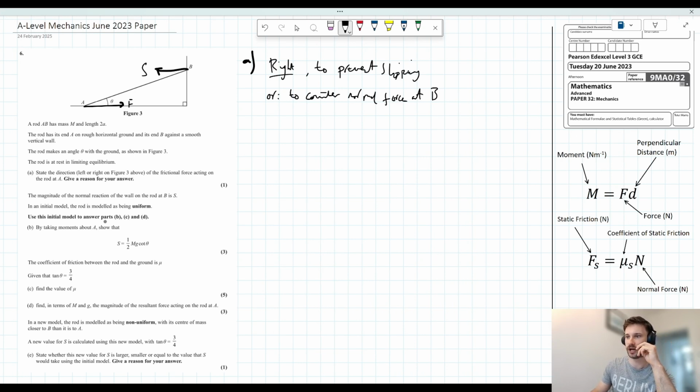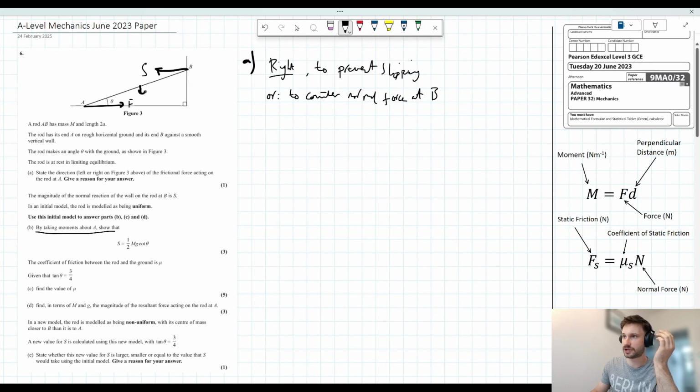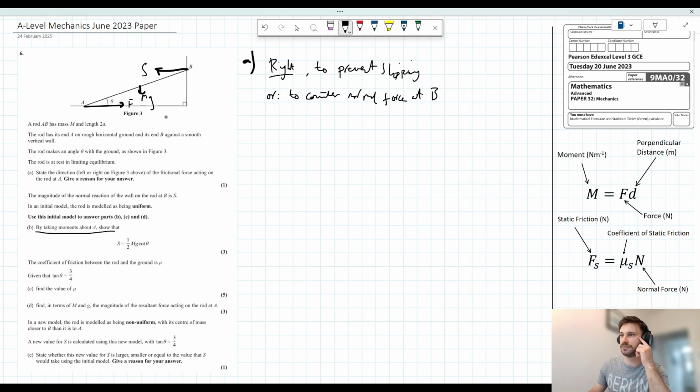Okay, so part B is saying, by taking moments about A, show that S equals a half mg cot of theta. So naturally, we'll want to add to our diagram here. What do we want to add? Well, there's a force that we still need to account for here, which is the weight of the rod, i.e. mg. And we can add some geometry to this diagram.